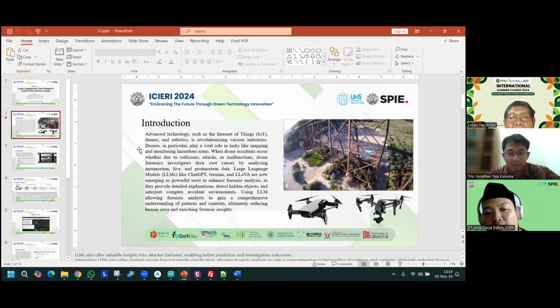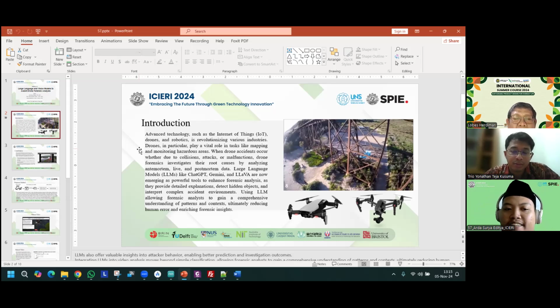Large language models or LLMs like ChatGPT, Gemini, and LLaVA are now emerging as powerful tools to enhance forensic analysis as they provide detailed explanations, detect hidden objects, and interpret complex accident environments. Using LLMs allows forensic analysts to gain a comprehensive understanding of patterns and context, ultimately reducing human error and enriching forensic insight.